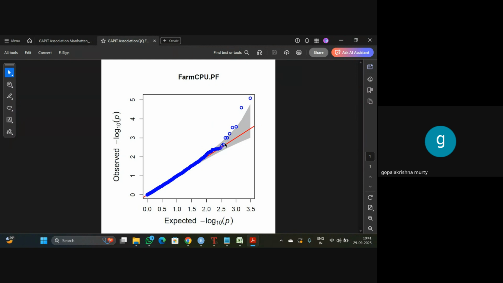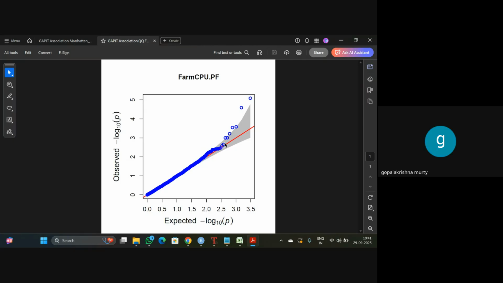My question is, in this FarmCPU QQ plot, the round circles reach nearly 5. So can we take the threshold log value as 5? What I am telling is, the point from where the data points start diverting, that point you have to take as the threshold level.